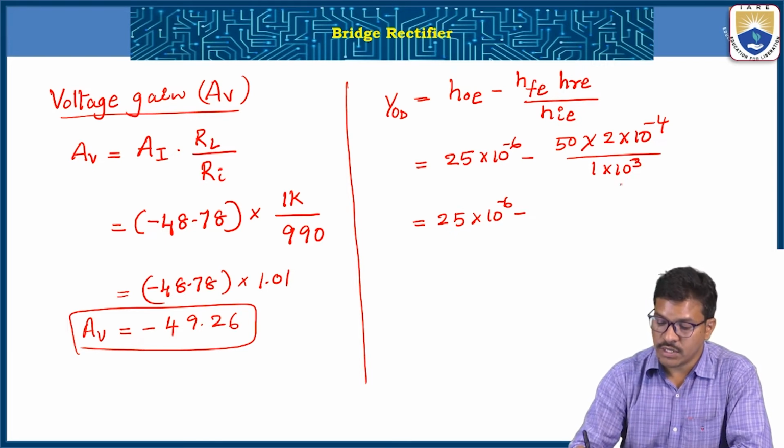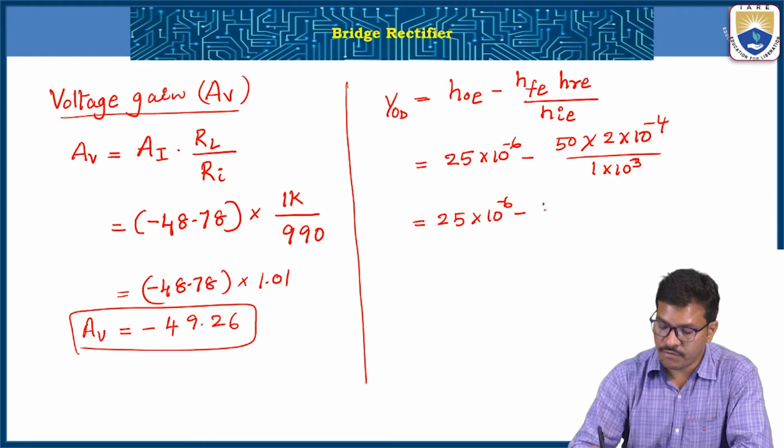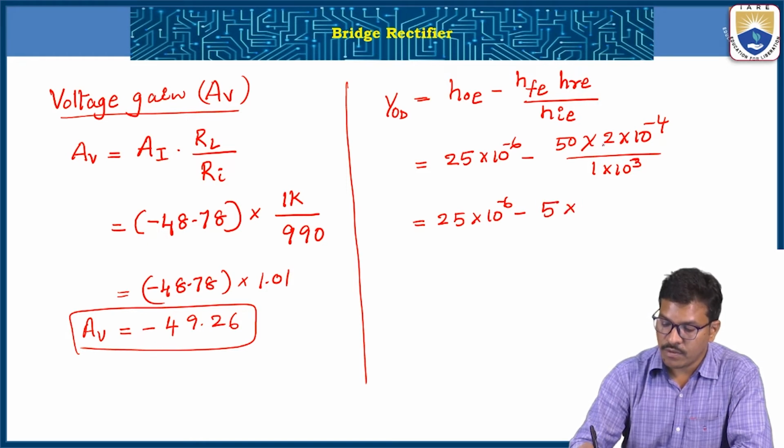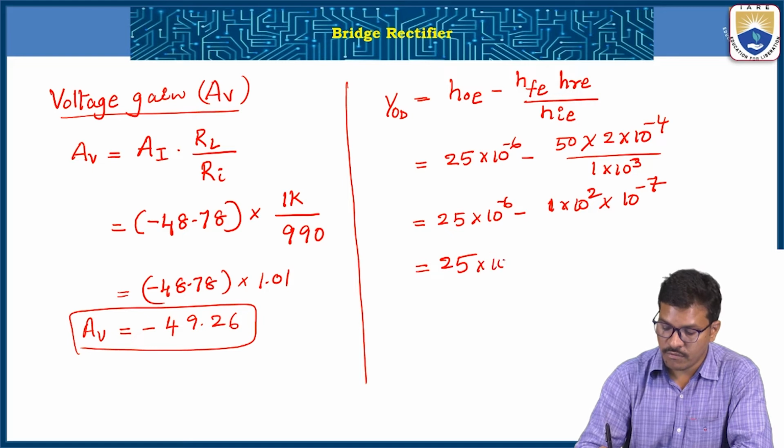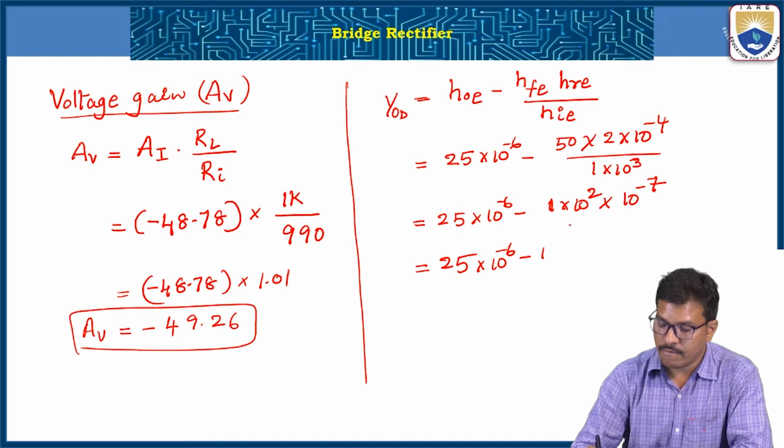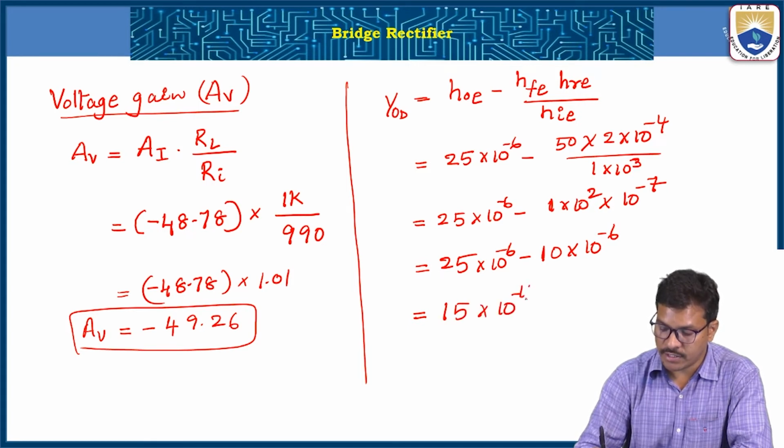Taking the 1000 on the upper side, 50 into 2 is 100, giving 10 into 10 to the power of minus 6. So 25 into 10 to the power of minus 6 minus 10 into 10 to the power of minus 6 gives 15 into 10 to the power of minus 6.